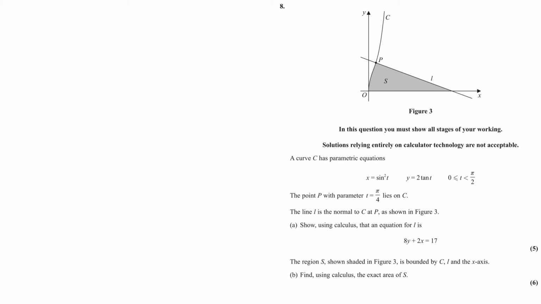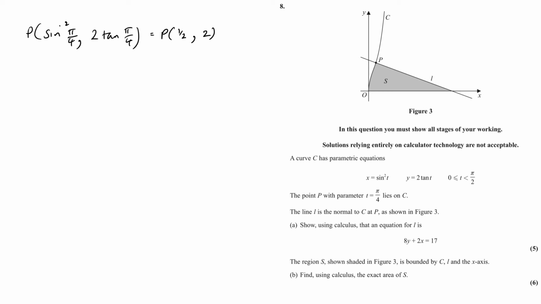So the point first, so P, so this is, the x coordinate is sine squared pi by 4, and the y one is 2 tan pi by 4. And then plugging this into our calculator, we get the P is 1/2, comma, and tan 45 is 1, so that's 2 there. So that's my coordinates for P.